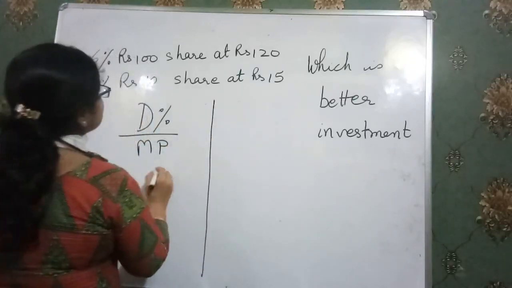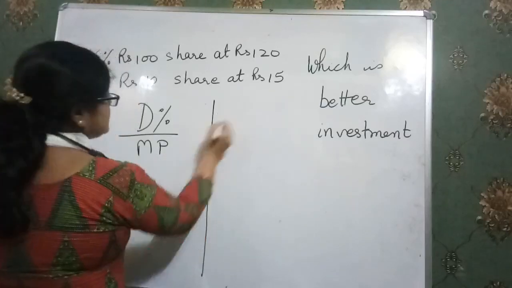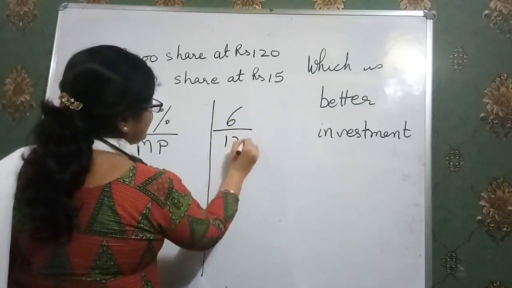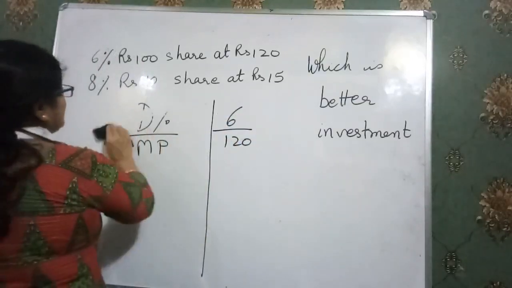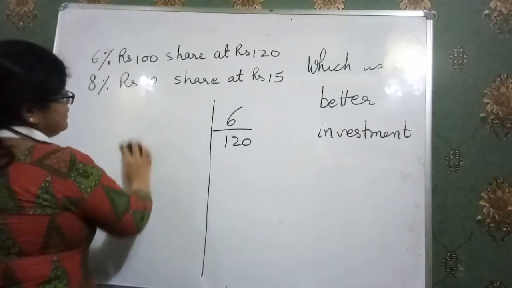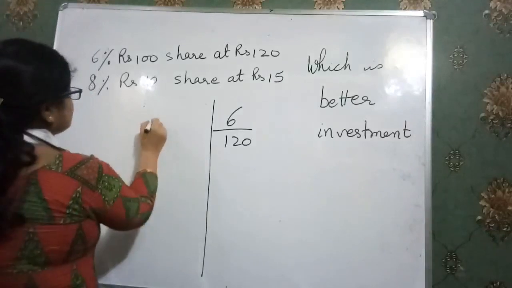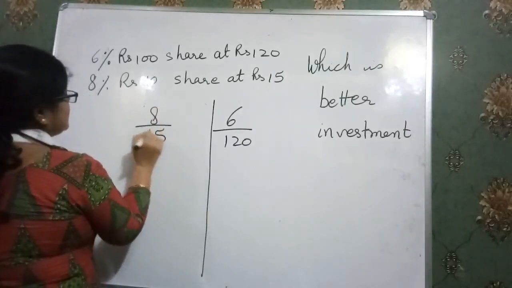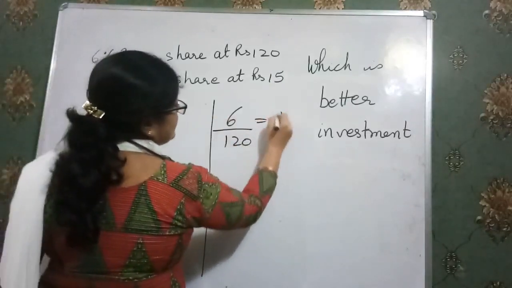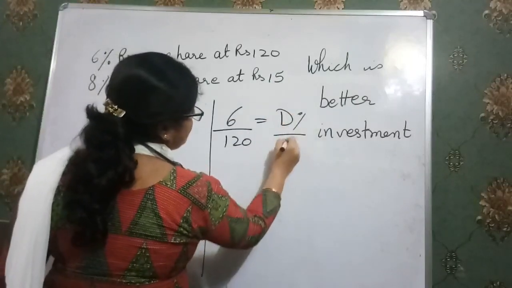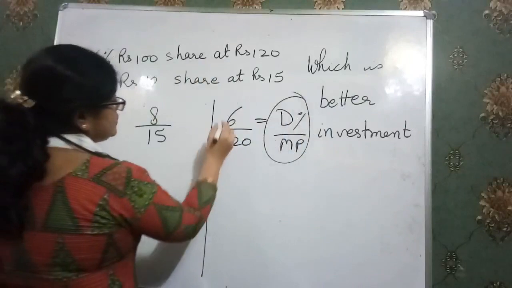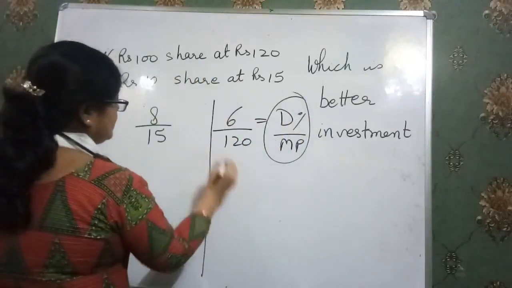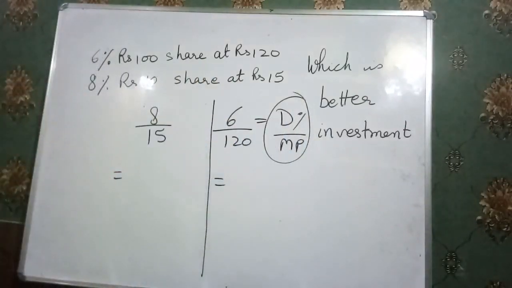So in the first case we have 6% over 120, and in the second case 8% over 15. Just ignore everything else.